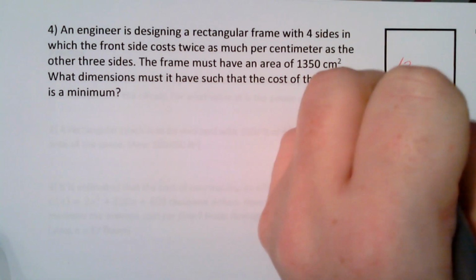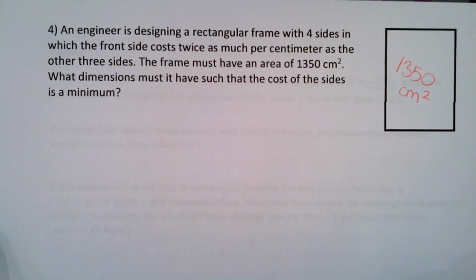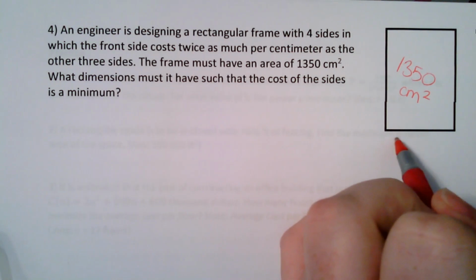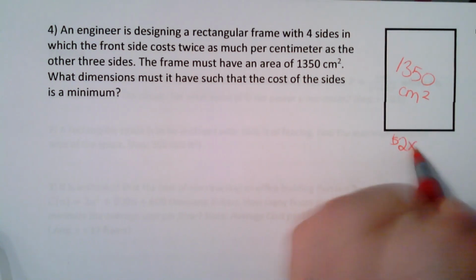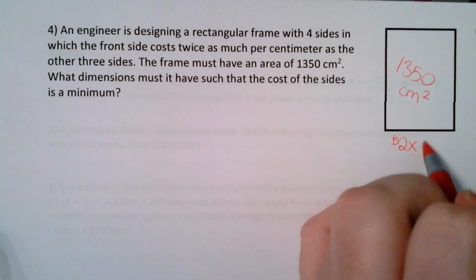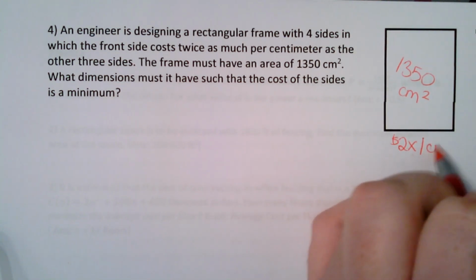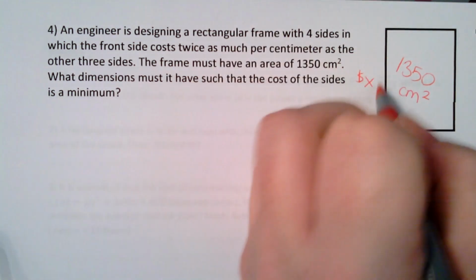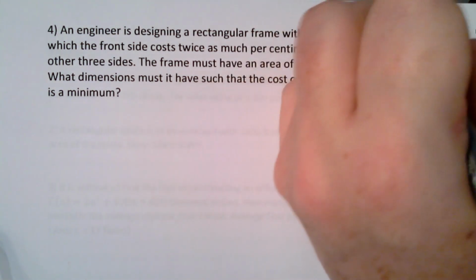We know that inside the frame, we want to be able to fit this much. We know that the cost is twice as much. We don't know what that cost is, so let's just call it X, but it's twice as much per centimeter on the front as it is on the other 3 sides.